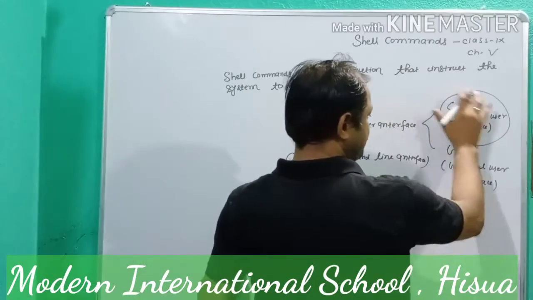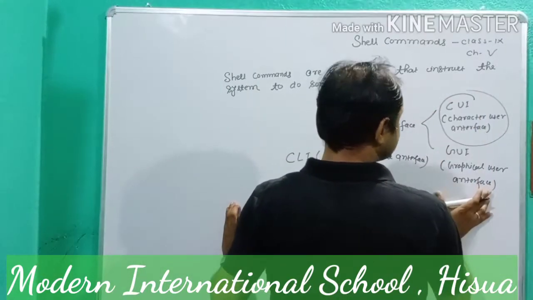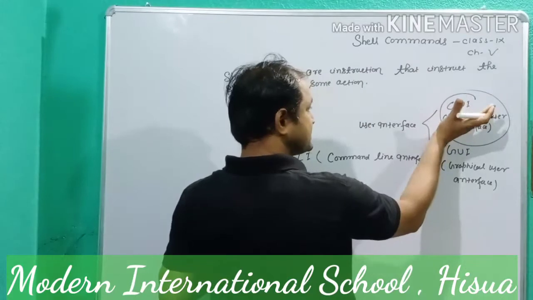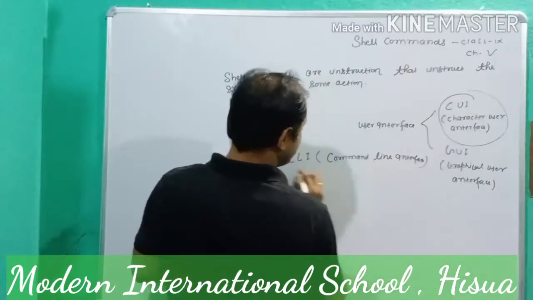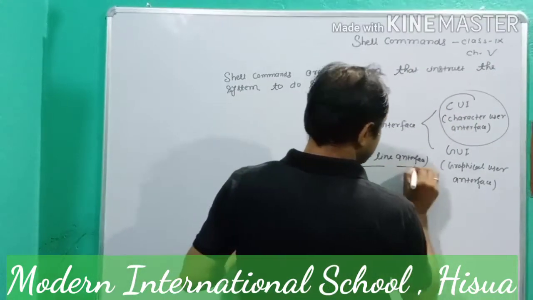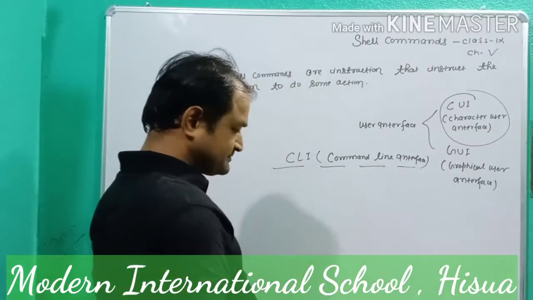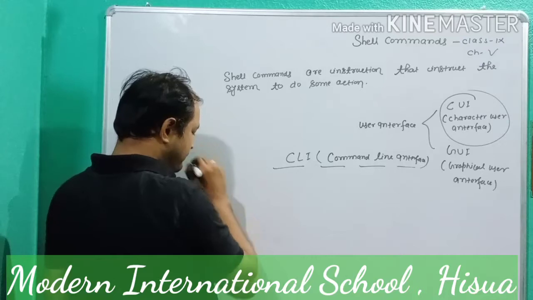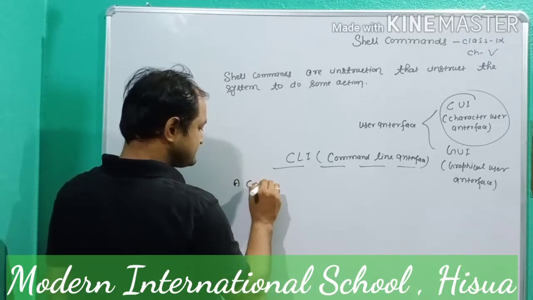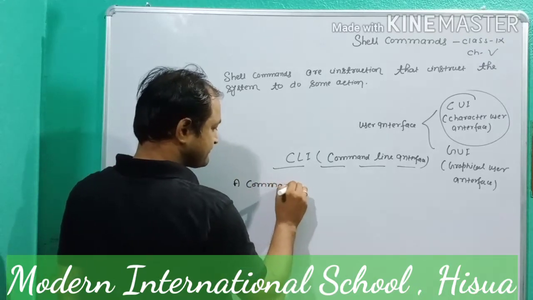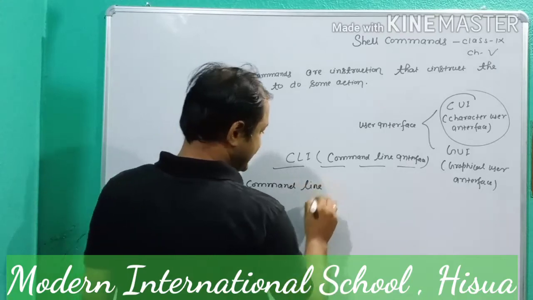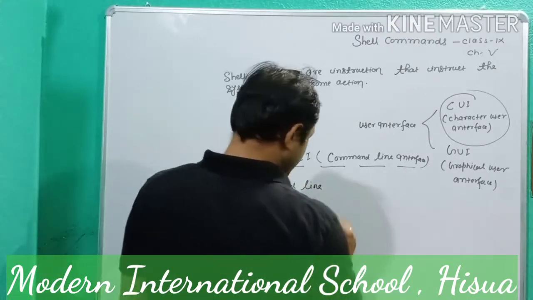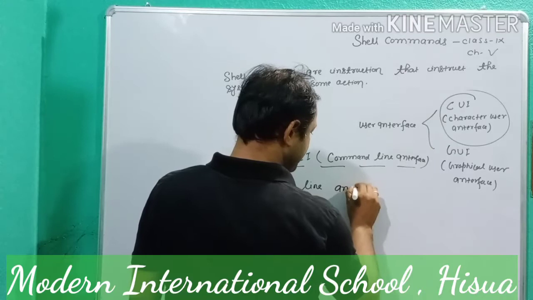User interface depends on two types, CUI and GUI, and this shell command is mainly dependent on the command line interface. My dear student, I write a command line interface.